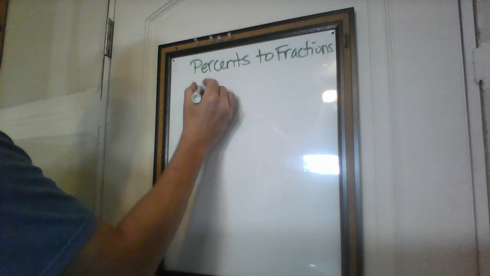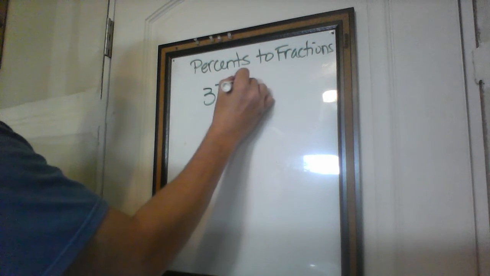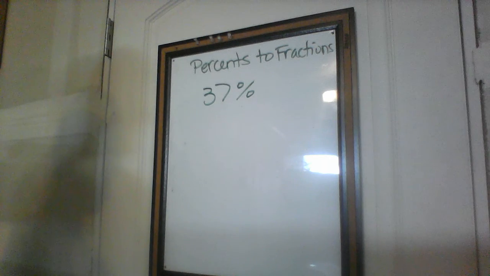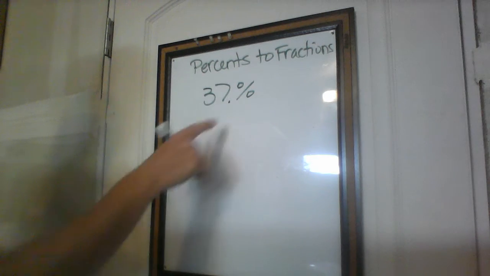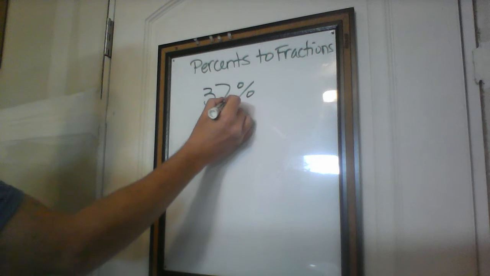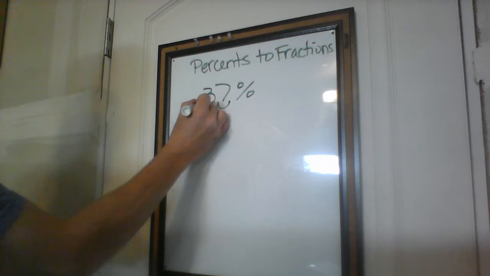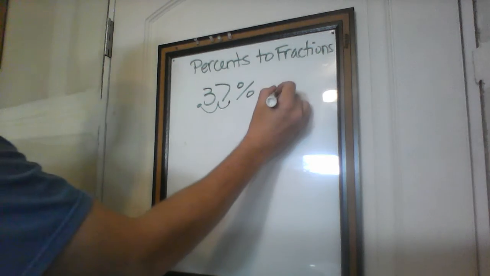So again, we'll do the same type of problem. If we have 37%, you're essentially dividing by 100. Our decimal starts there at the end of our 37, and we are going to move it left 2 times.